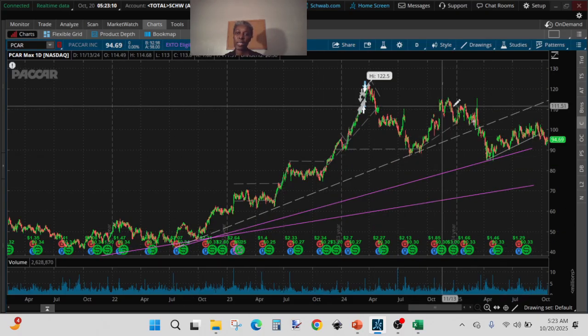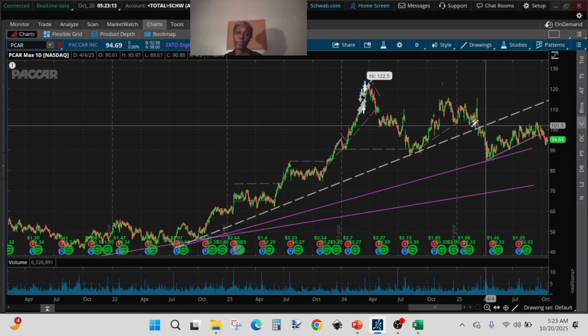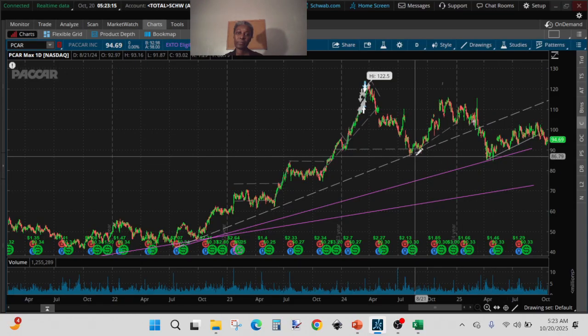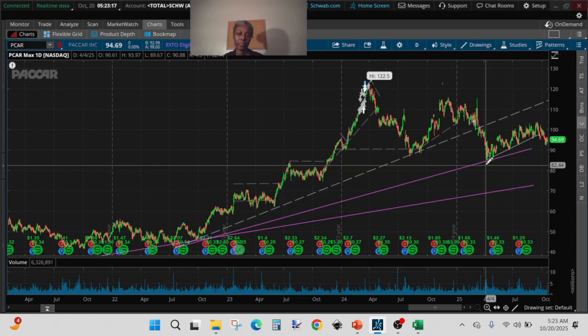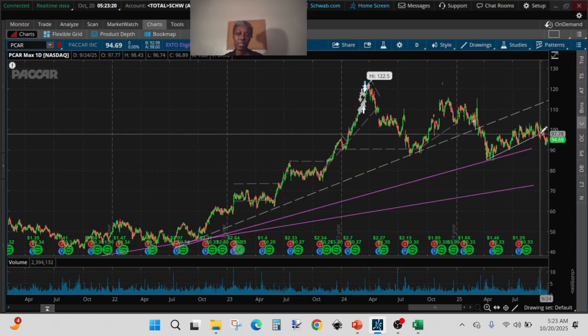As you are looking at it here, it went below this support line, the trend ended, touched base with this, the trend started, ended, and is moving back.